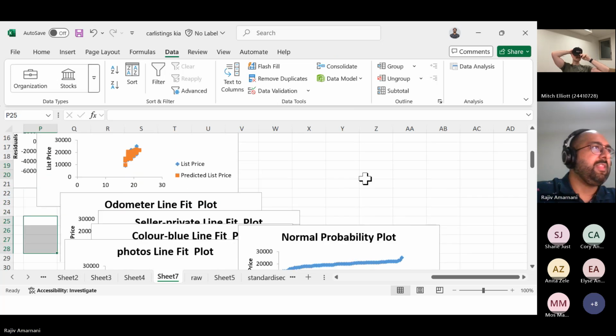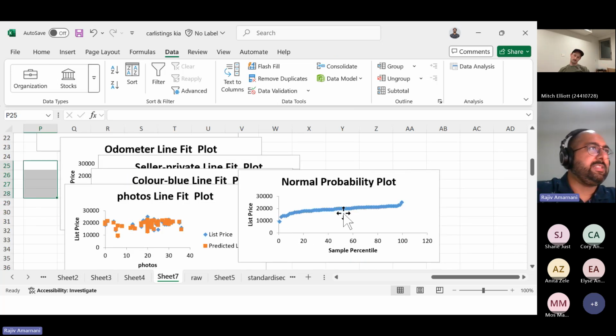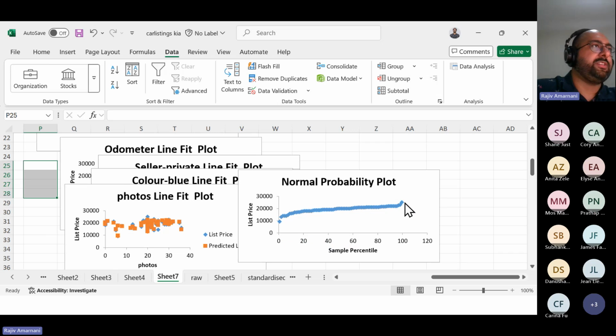And then here we have a normal probability plot. These numbers are just extreme cases of observations that are not predicted by the model, where the residuals are very big. So big residual, but it looks roughly like a straight line. This is reasonably okay.